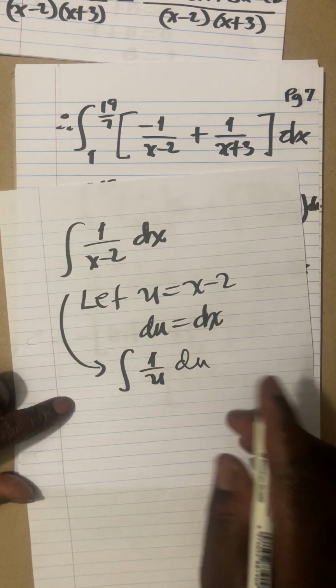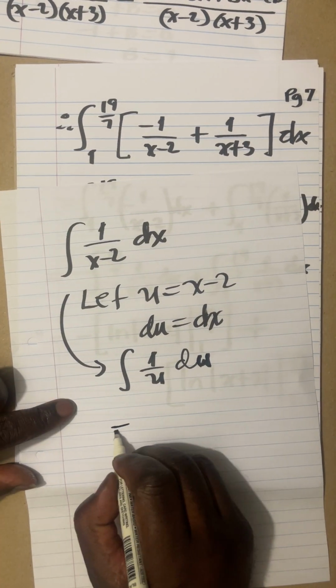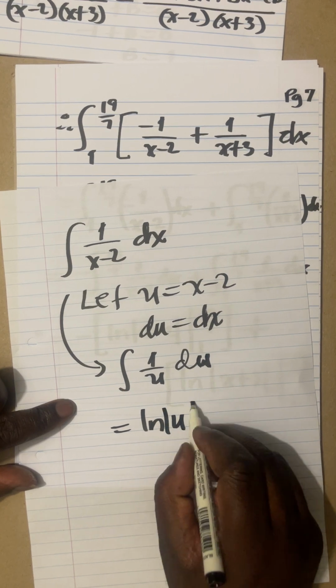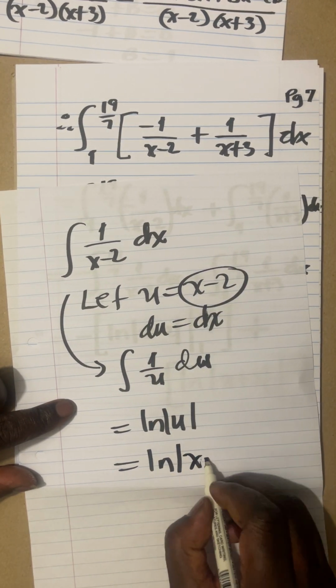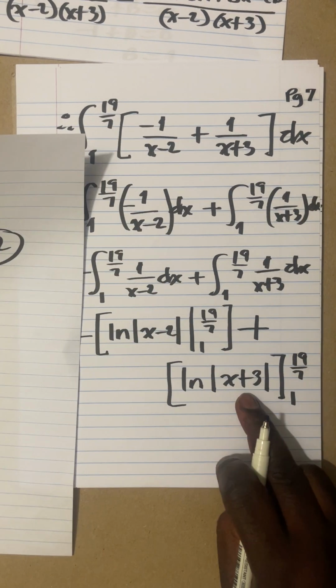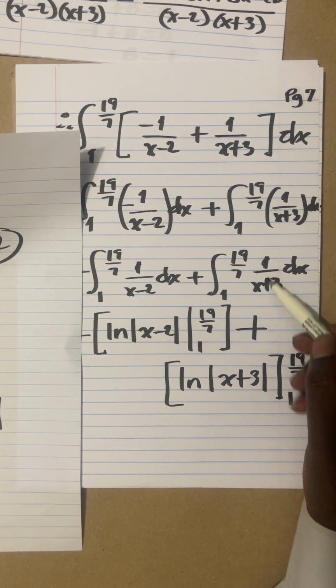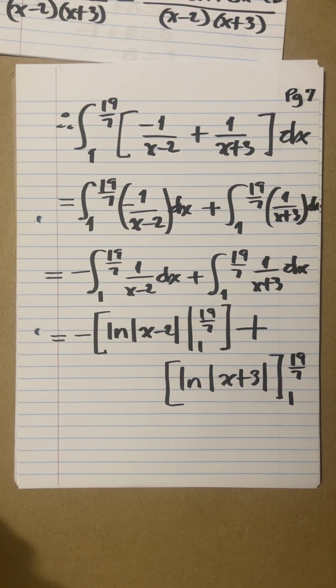What is the integral of 1 over u? You remember this from the previous videos, that this is just natural log of u. And what is u? It gives you natural log of x minus 2. Now, I want to challenge you, do the same. You will see that the integral of 1 over x plus 3 dx gives you natural log of x plus 3, if you use the same technique, u-substitution.